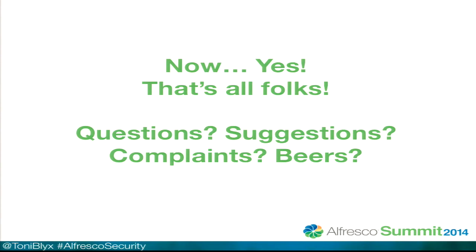I know fail2ban, I have it on some of my servers, but from the Alfresco point of view, I don't think this is something you can address with fail2ban. You have everything for it in the logs.